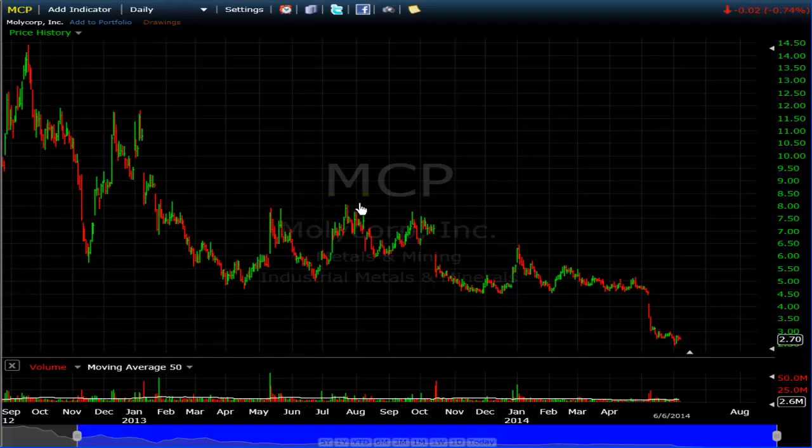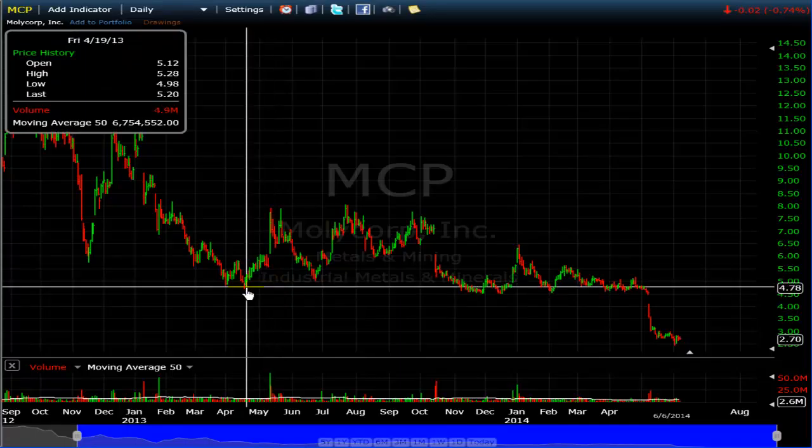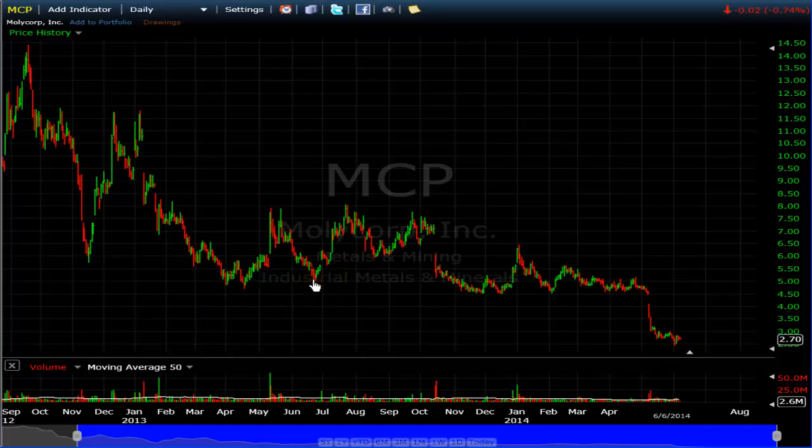And we tested that several times and couldn't get through, and then finally broke down again and took out this low, right? This arguably was a low as well, and it was a higher low, but both it and this low were broken, right? So you proceeded to push lower, and you're clearly in a downtrend here, right?